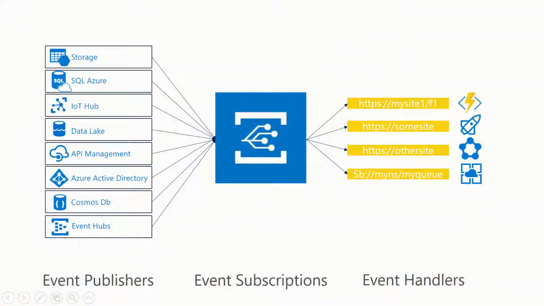To give you a little bit of an idea of what we mean by that, we're onboarding Azure publishers, any sort of data store like blob storage, DocDB, SQL database, or anything else that might have something you might want to react on. So your event hubs, your queues, even management plane events.